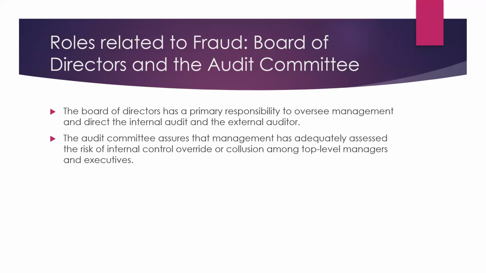We're going to talk about the internal auditors here in a minute, but we want to have the internal auditors reporting to the board of directors, or more specifically to the audit committee, so that they have that independence where they feel free to report if they find something that is a little bit off. If they're reporting directly to the CEO or the CFO, that doesn't really alleviate that independence.